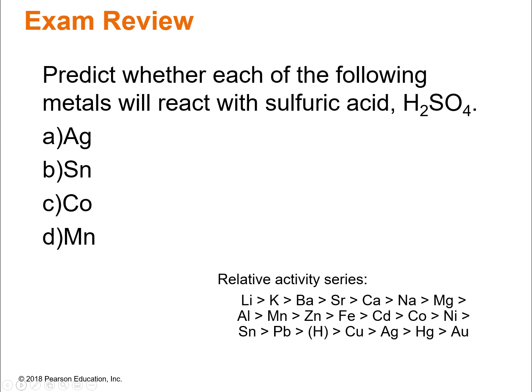With this question, you have to remember how to use the activity series, which I've put on the slide in case you didn't have it in your notes or you didn't feel like rifling through your notes. You'll be provided with the activity series, so you don't need to memorize it. You need to figure out where each of these metals are in relation to where hydrogen is.